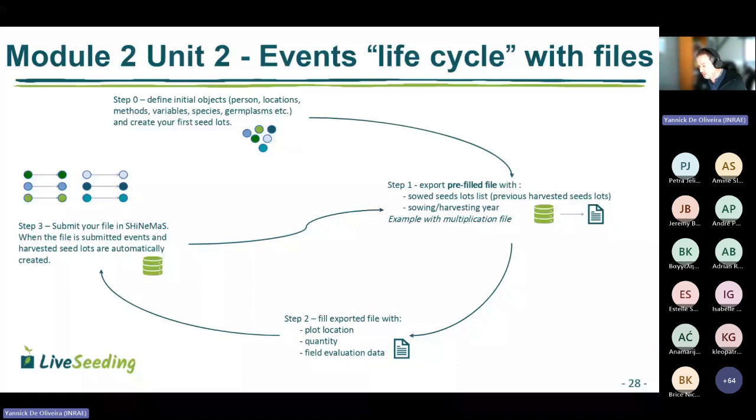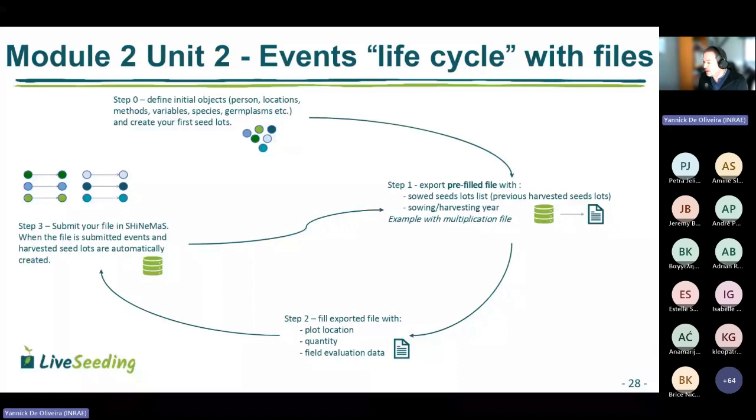And when the file is submitted, it will create the multiplication events or any other type of events. And SHineMas will automatically create the seedlots that are in output of the relations. So in that case, it will create automatically the seedlot that will be harvested.